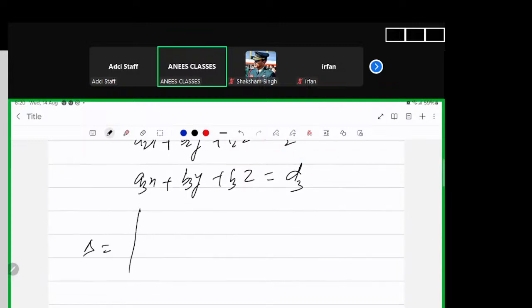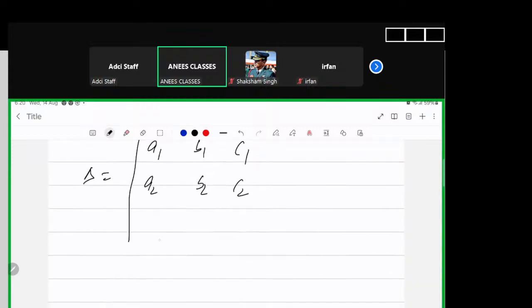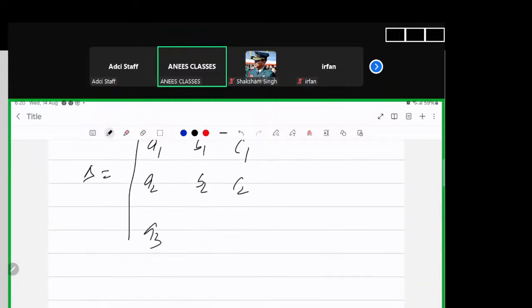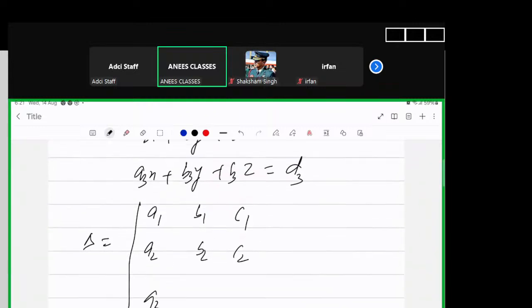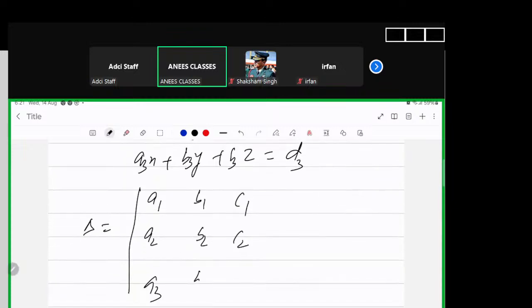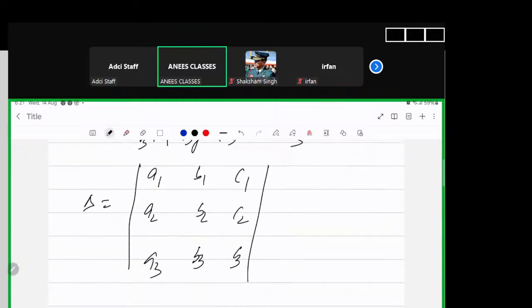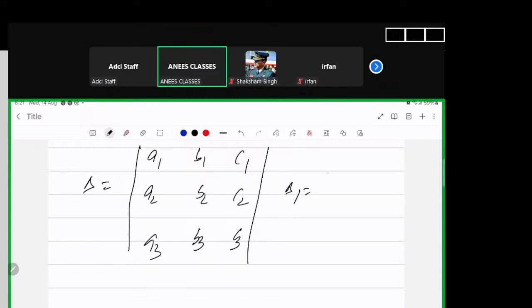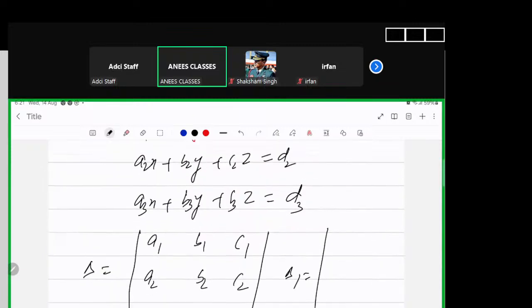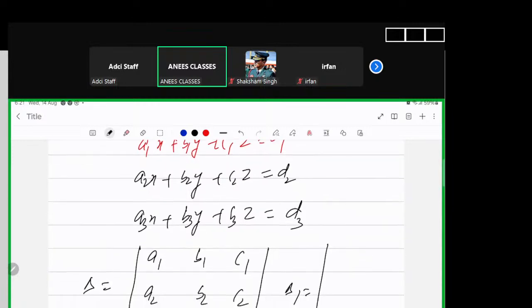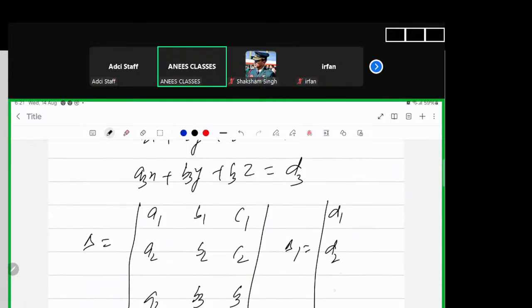You will take delta as the determinant of a1 b1 c1, a2 b2 c2, a3 b3 c3. Listen carefully, these are very, very important things. Now delta 1: I will replace the first column with the constants d1 d2 d3, while b1 b2 b3 and c1 c2 c3 remain as they are.